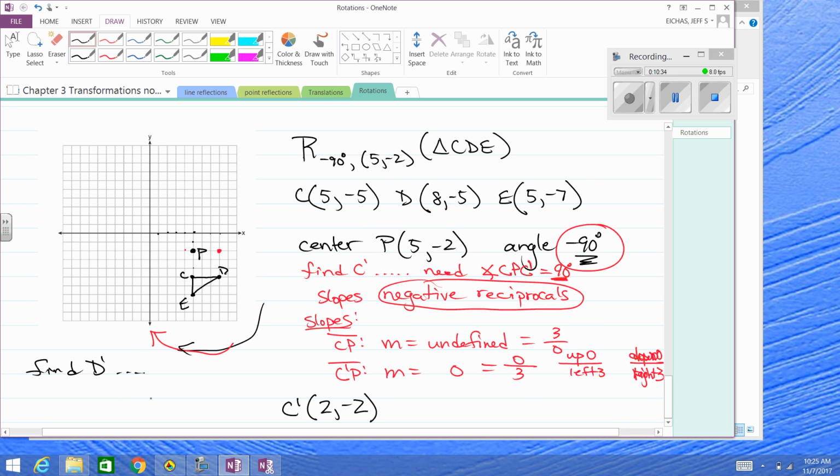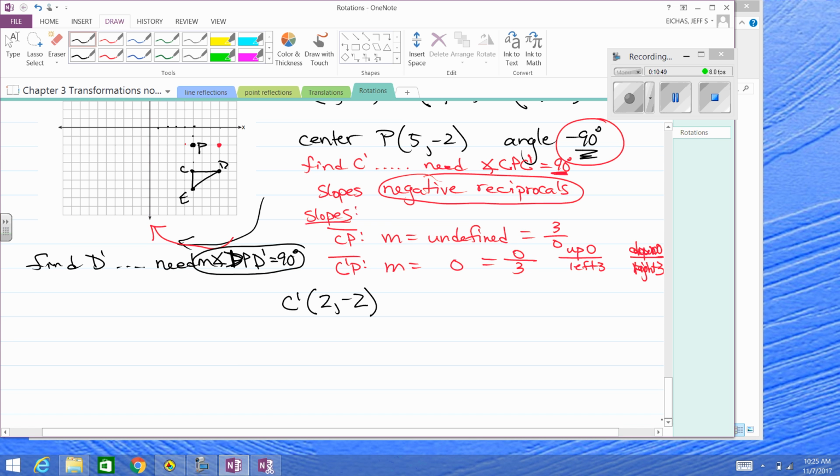And what's the idea? Well, we need the measure of angle D P D prime to be 90 degrees. Again, we're going to use slopes that are negative reciprocals.